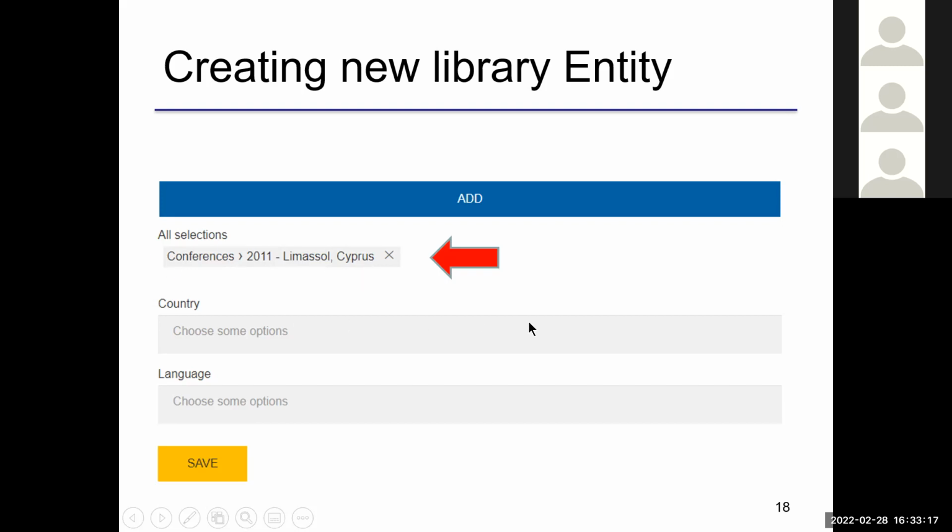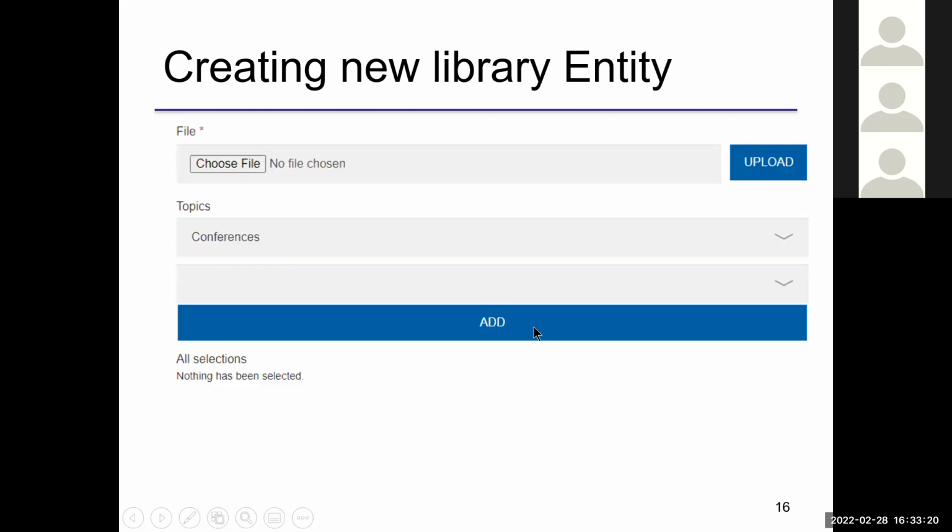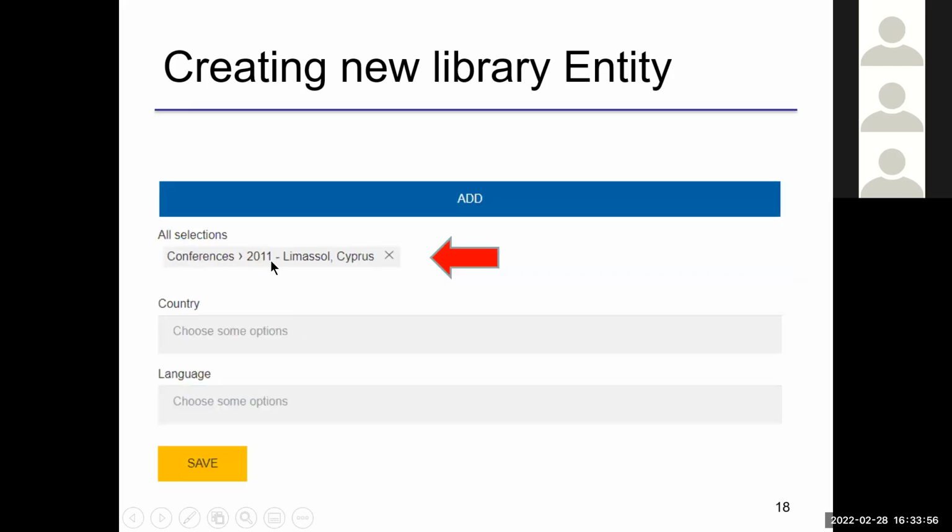But now you can add in the same way a new second topic or subtopic. Let's say you want to publish some training which was at the conference, let's say Nantes. So you will first select conference, then as a subtopic Nantes conference, and then you will get here something like this, conference Nantes, France.